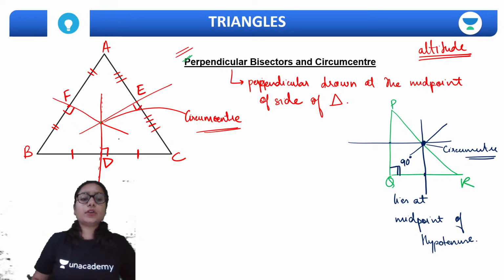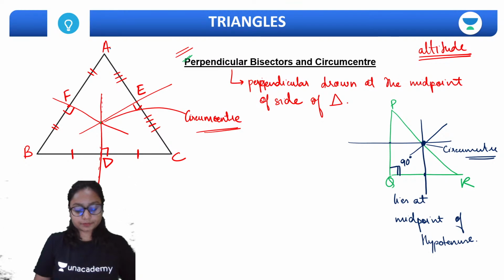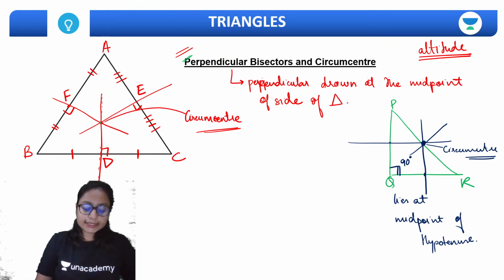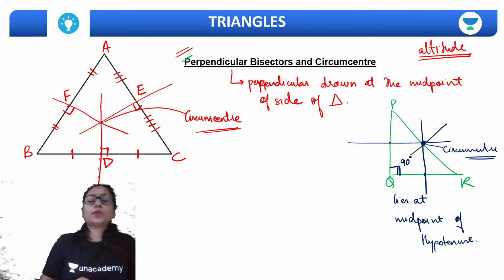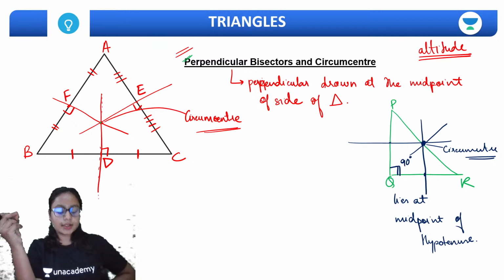Yeah, so this is an acute angle triangle. Where is the circumcenter of this triangle? Inside or outside? Inside. Alright, correct. So in an acute angle triangle, this lies inside the triangle.